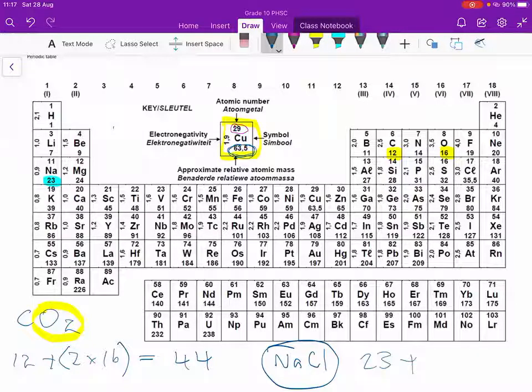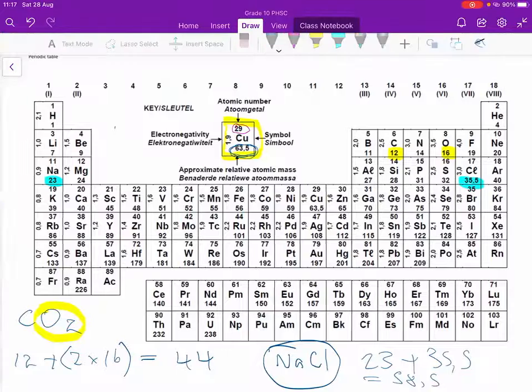There's only one Na in the formula, and then we look for Cl, and we see that the mass is 35.5. So we add those up together, and that would be the relative formula mass of sodium chloride, 58.5. And I'll talk about units just now.